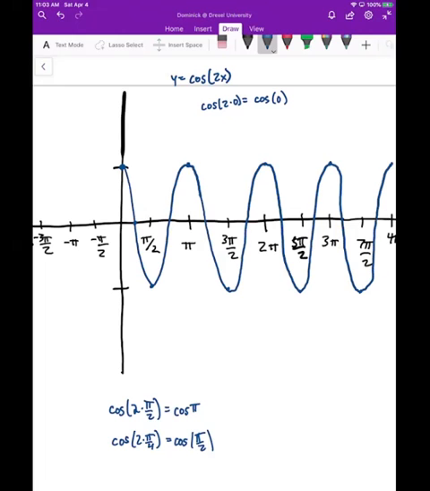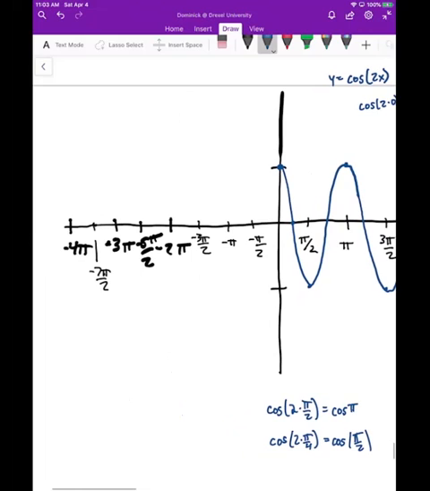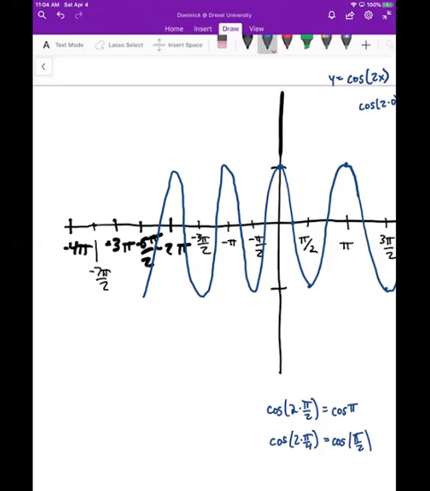And of course on the left side you would get something similar, so you would get something like this. A lot of zigzagging. So something like that.